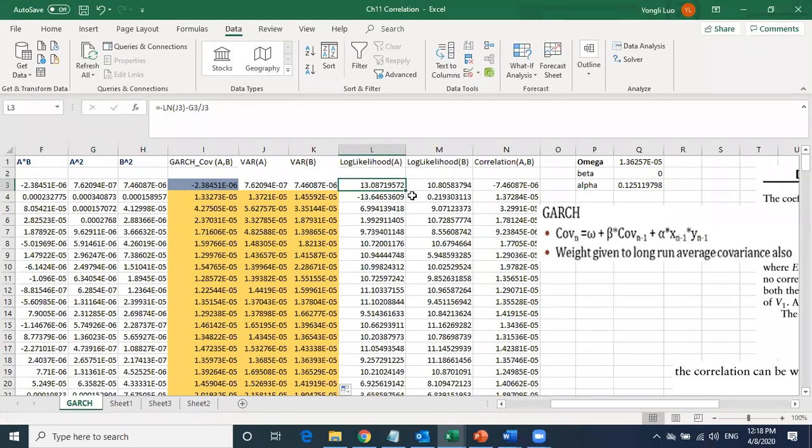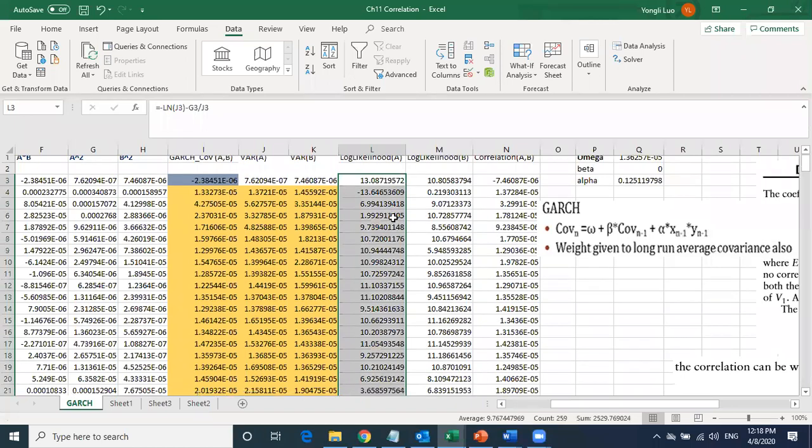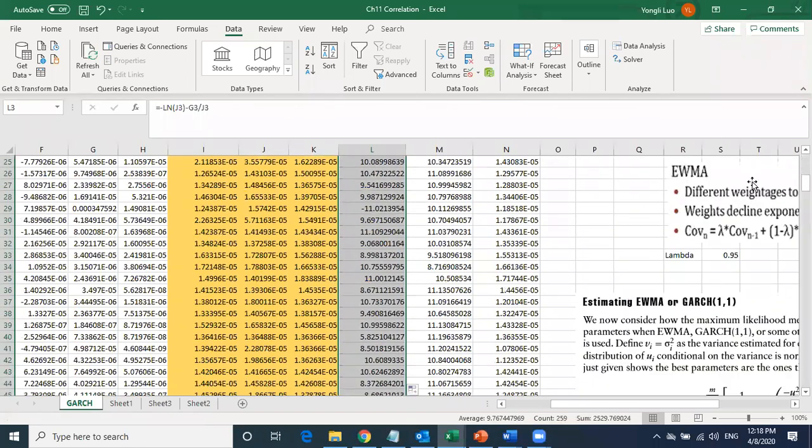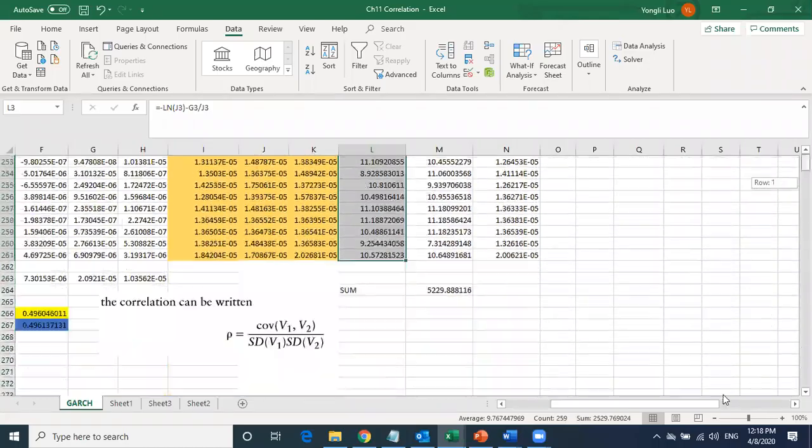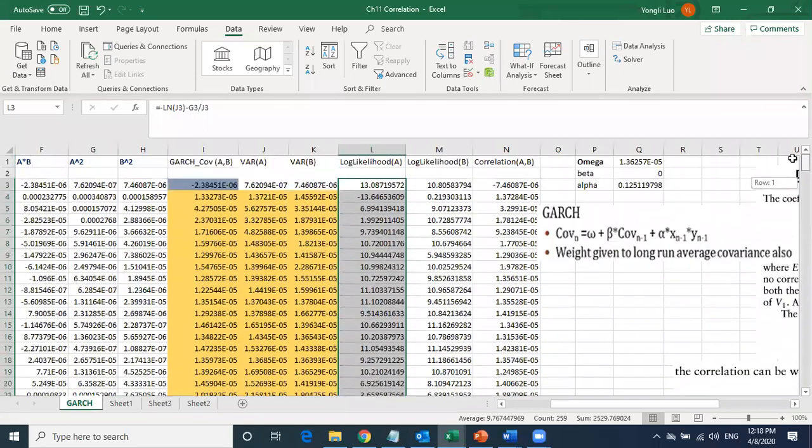And then you apply that formula all the way down. You estimate the log likelihood and do the same thing: the ln of the long run variance, minus the squared return divided by the long run variance.